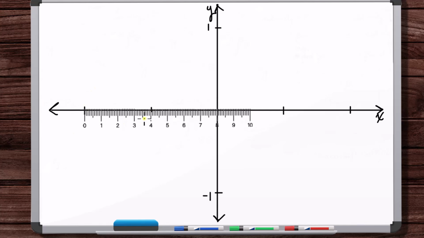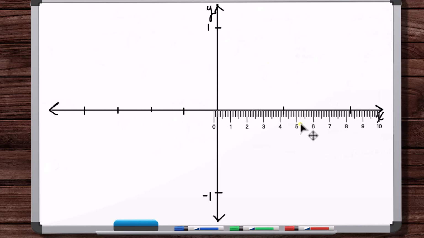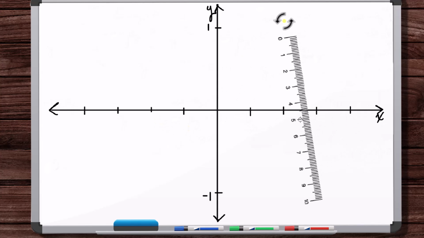Actually, let's mark off some midpoints here too. Yeah, let's do the same thing on the vertical. Let's put in some intervals.